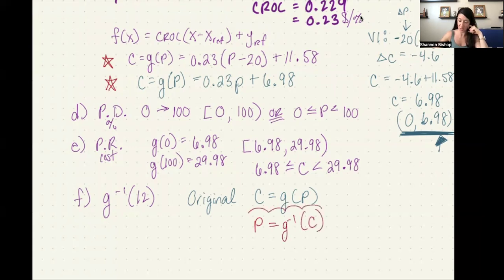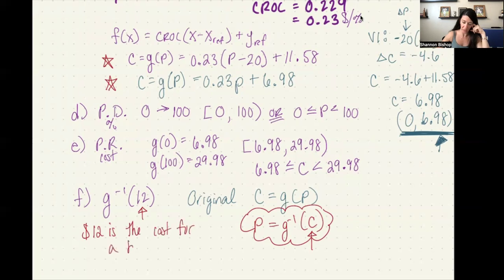And this is the one that we are imagining for part F. So for G inverse 12, 12 is the input to the inverse function. So 12 would have been the cost of the oranges. So $12 is the cost for a box of oranges.